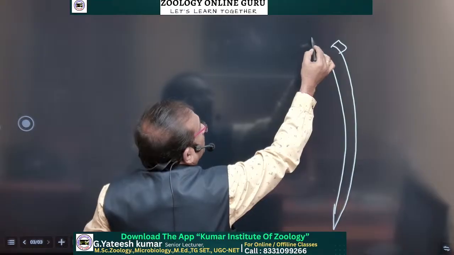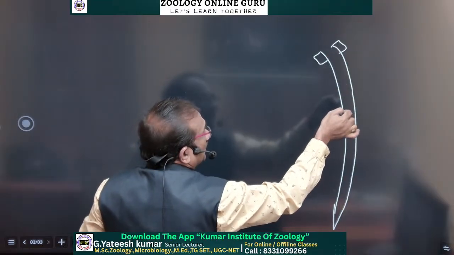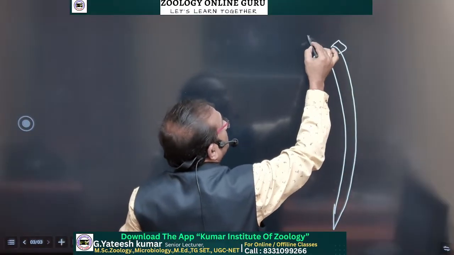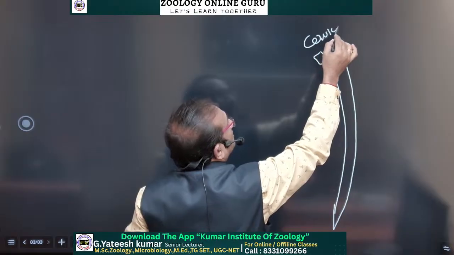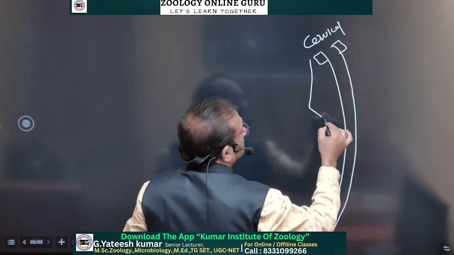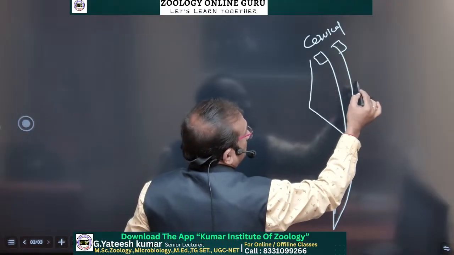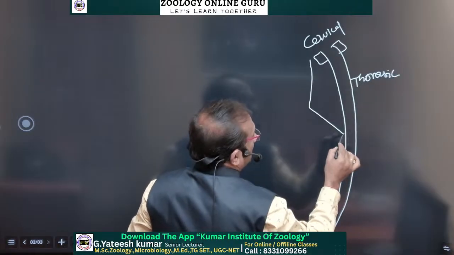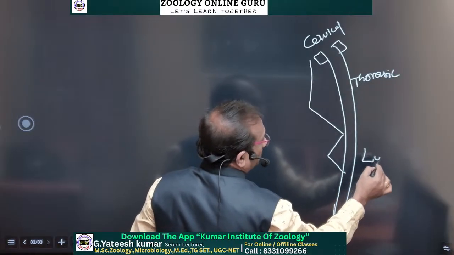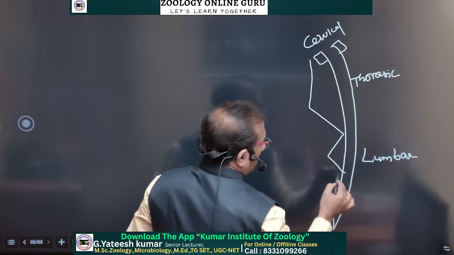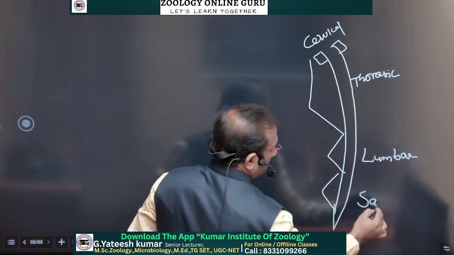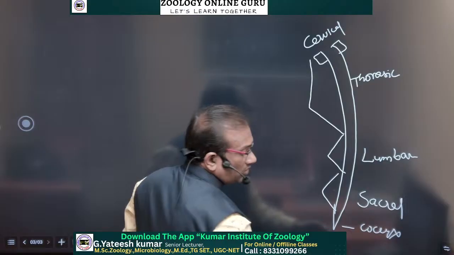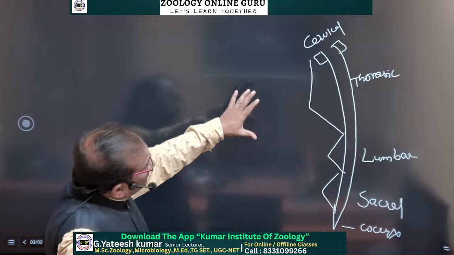We have different types of vertebrae along the length of the vertebral column. Based on location, in the neck region they are called cervical vertebrae. In the chest region, where ribs are present, they are called thoracic. After that come the lumbar vertebrae, then sacral, and lastly the coccyx.